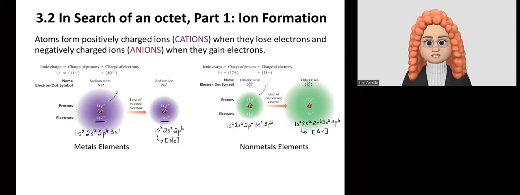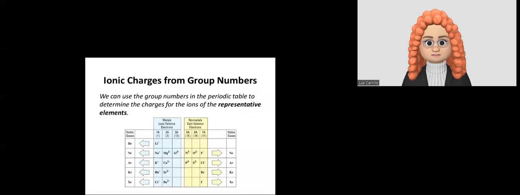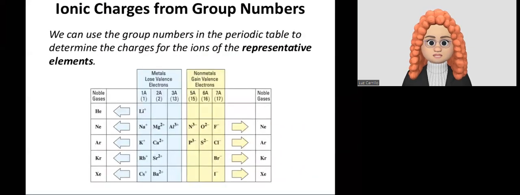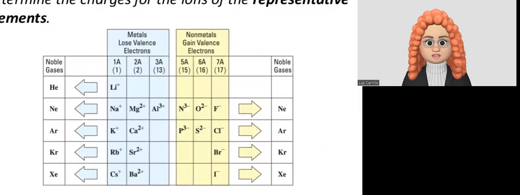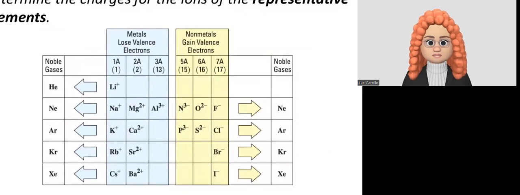When it comes to knowing which noble gas will be present once a metal loses electrons or a nonmetal gains electrons, the following table summarizes it. For the metals that lose valence electrons, there is an arrow pointing at the noble gas that they will resemble.